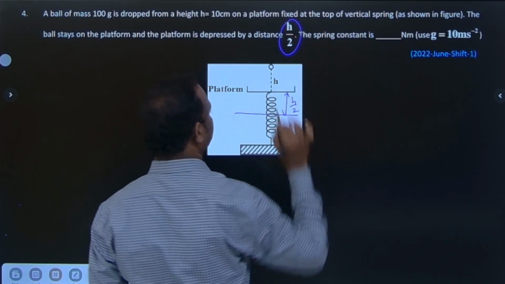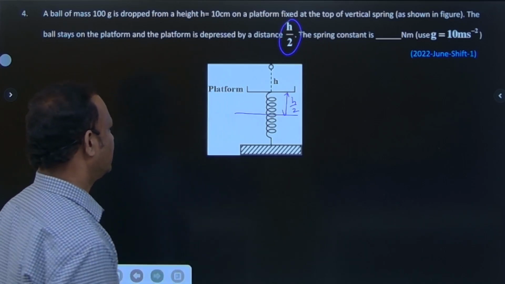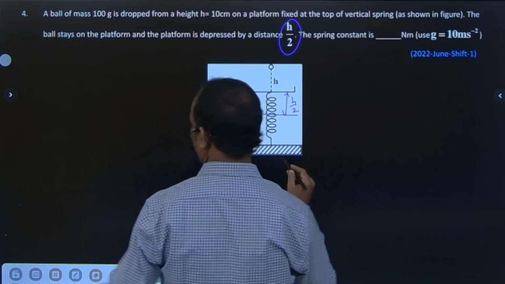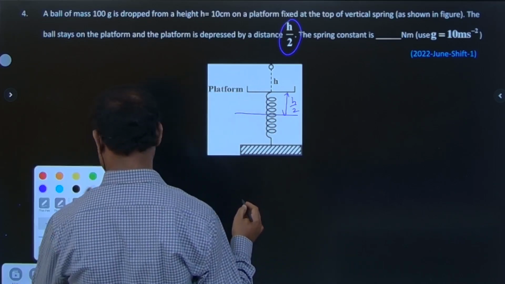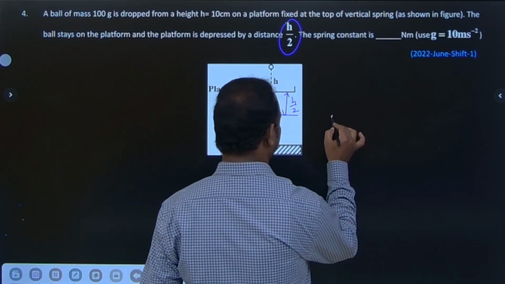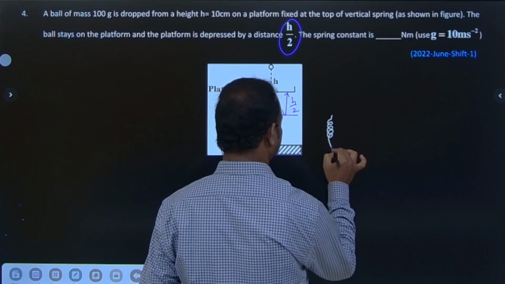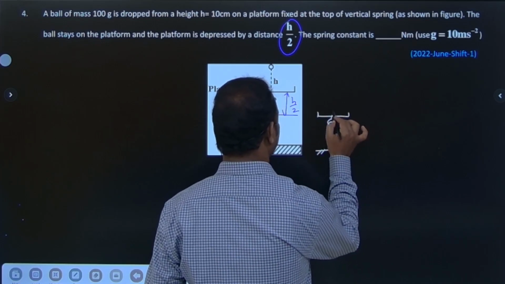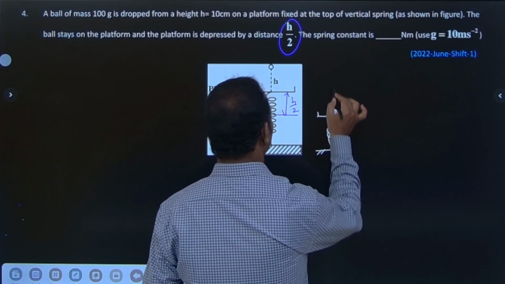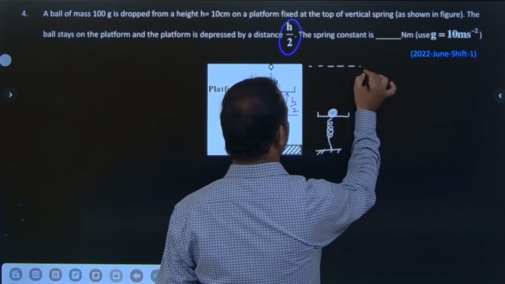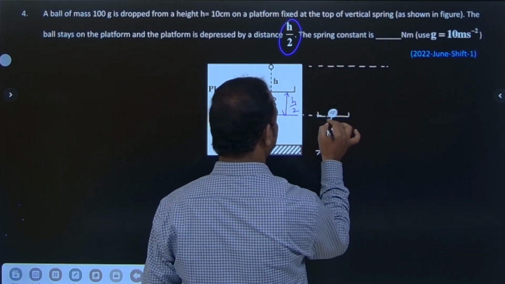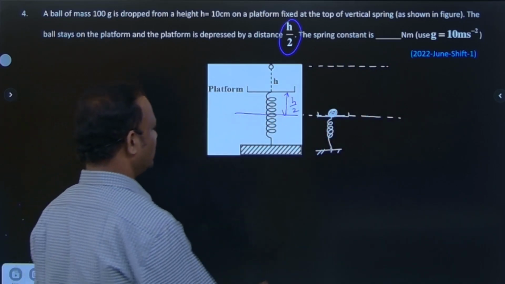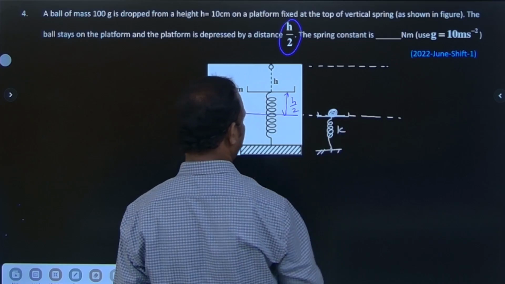The ball came to here. What is the initial case, and this is the final one. The spring constant is K.